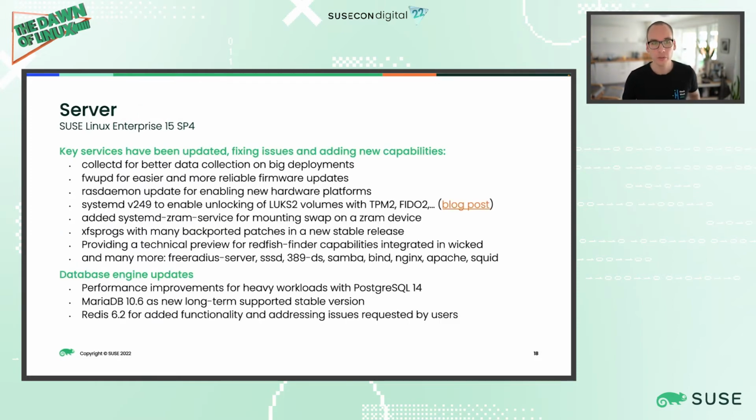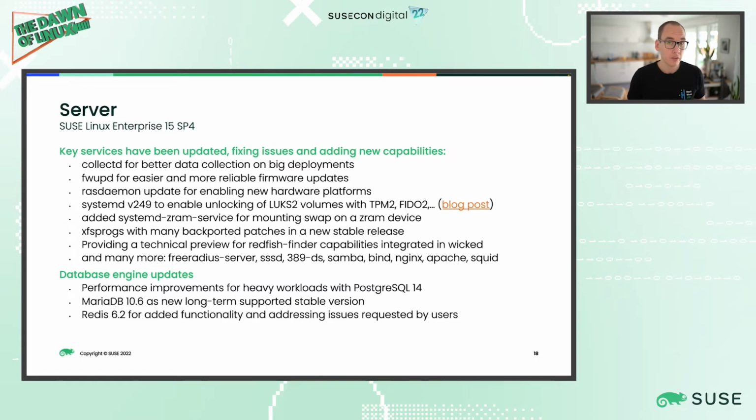On the server side, we have updated a lot of services and applications, fixing issues and adding new capabilities to these. collectd has been updated for better data collection on big deployments. On the fwupd side, we have updated it for easier and more reliable firmware updates. The rasdaemon has been updated for enabling new hardware platforms.